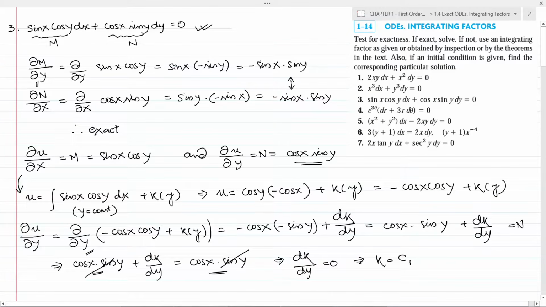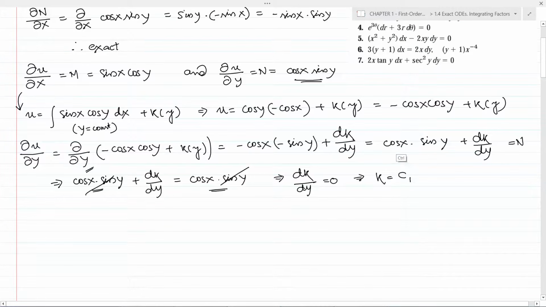Let us assume C1. Now from here we have u equal to minus cos x cos y plus k, so this is equal to minus cos x cos y plus k1, which is a constant C1.